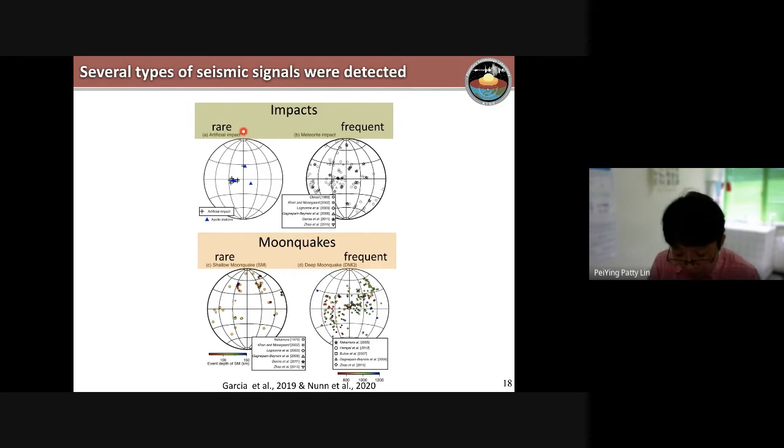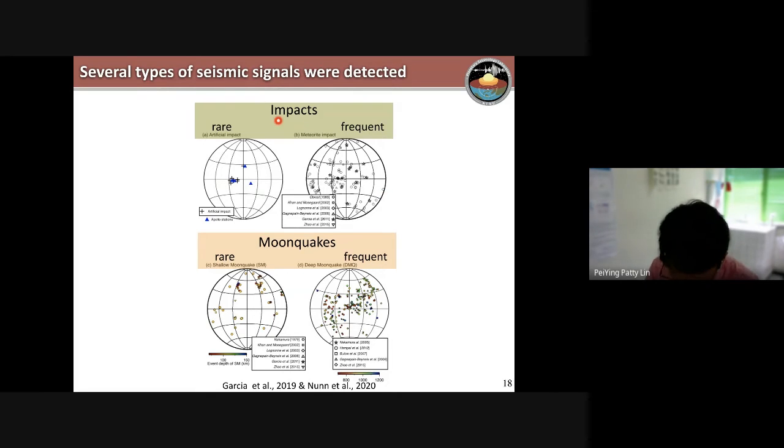There are artificial impacts, like when a lander lands on the Moon's surface, or natural impacts, like meteorite impacts. As you can see, artificial ones are rare: there are only about 9 artificial impacts, but more than 700 meteorite impacts during this period. So rare and frequent.